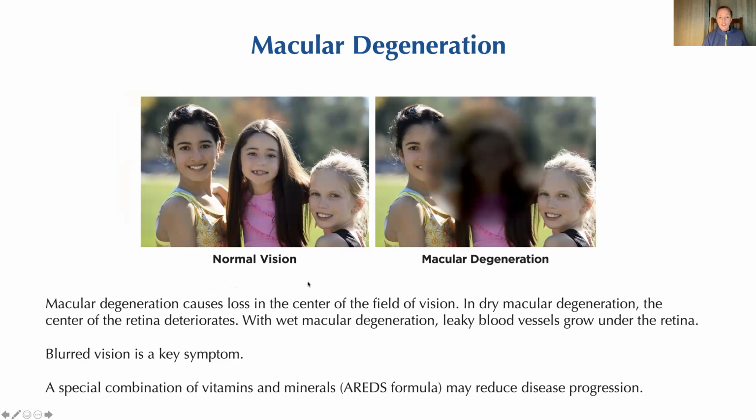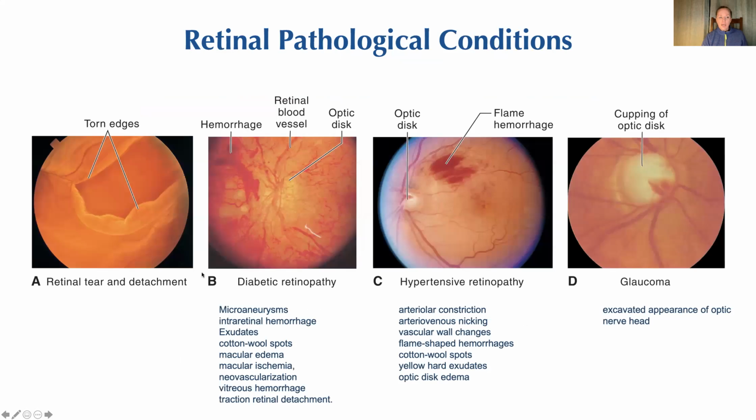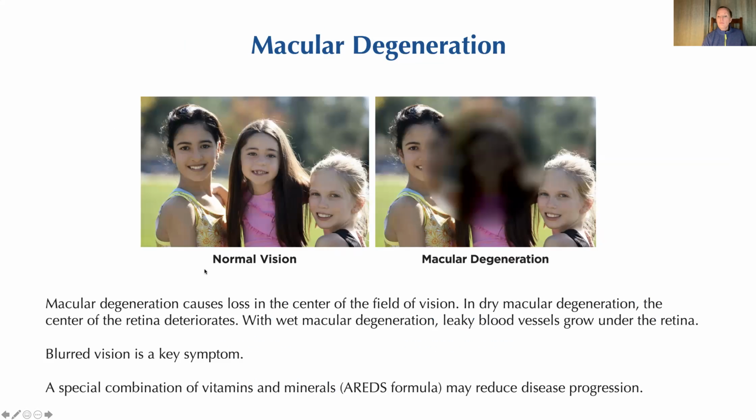Macular degeneration. Macular degeneration is terrible, okay? And usually it's caused by getting older, and in dry macular degeneration, we get a deterioration of that visual center, the fovea of the macula, the real central part. So the center of your vision degenerates.